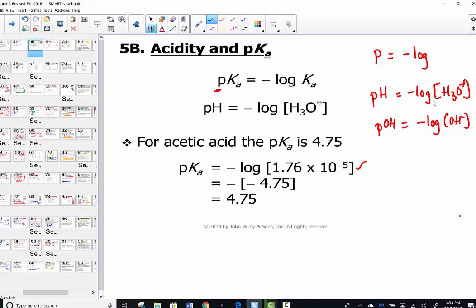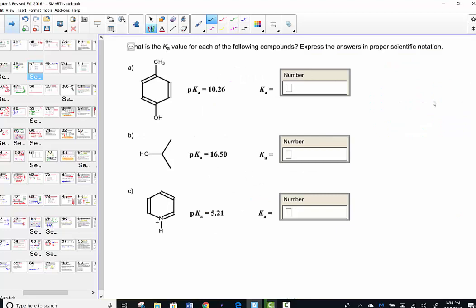If you take the negative log of that value, you come up with 4.75. The pKa is negative log of Ka. And there's a practice in your Sapling with just that simple math expression as well. If you're given the pKas, how do you find Ka? Just remind yourself, pKa is negative log of the Ka value.